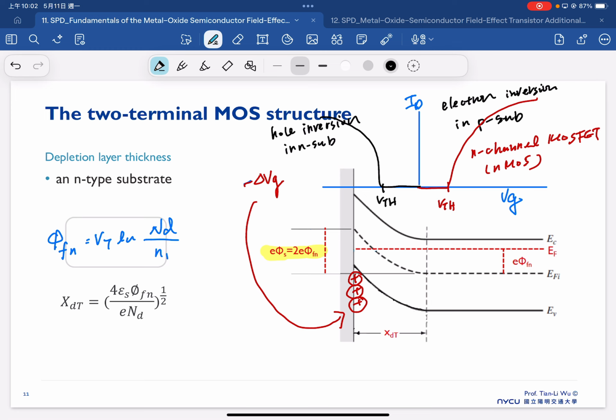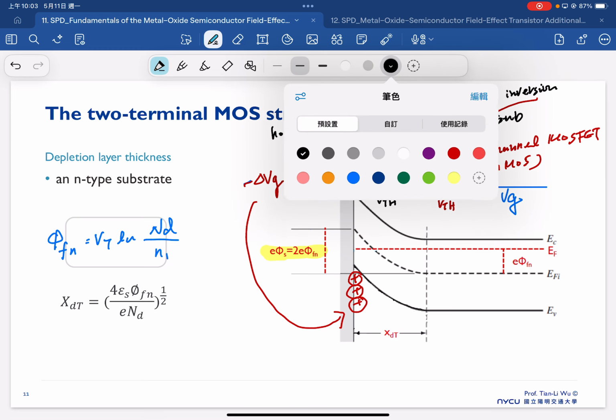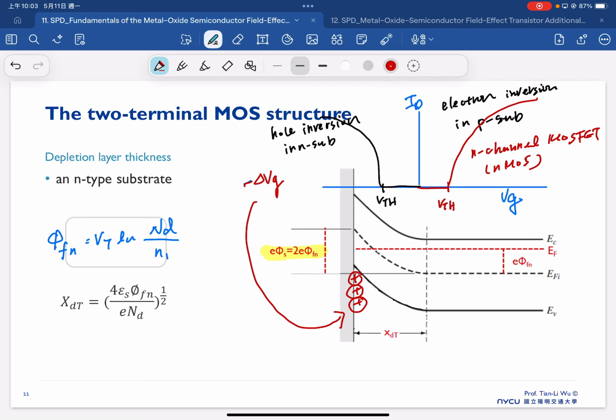Because this is hole conduction, we normally call this a P-channel MOSFET, and we call it a PMOS in brief.